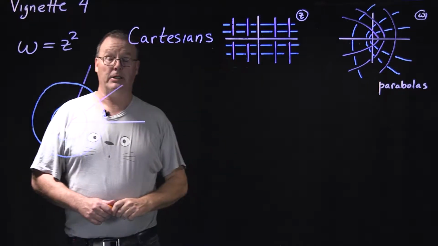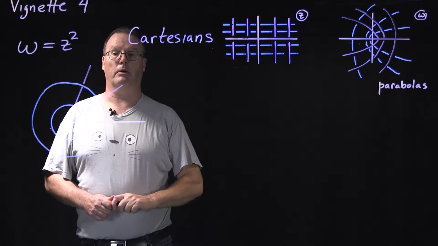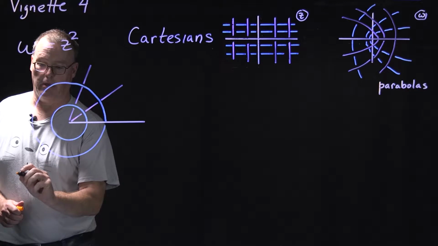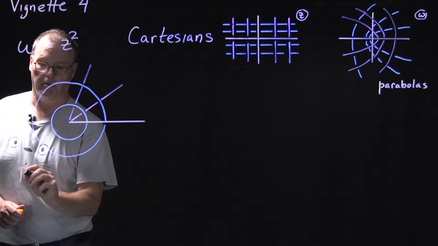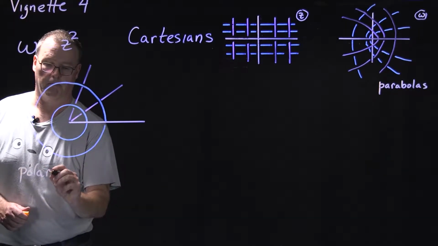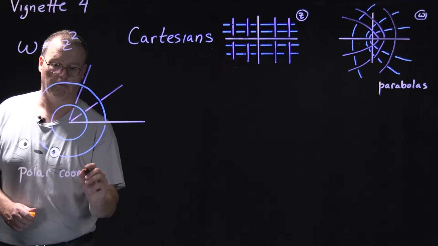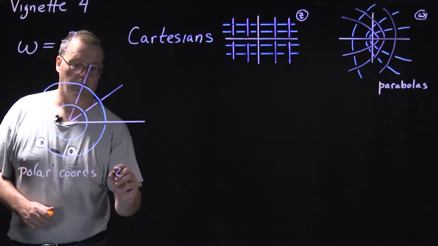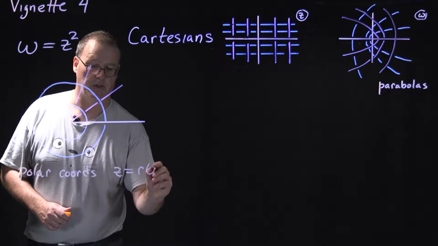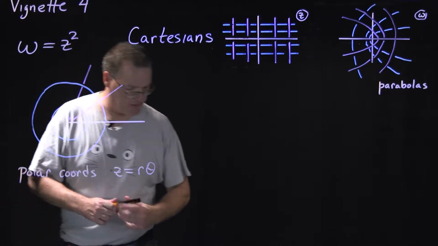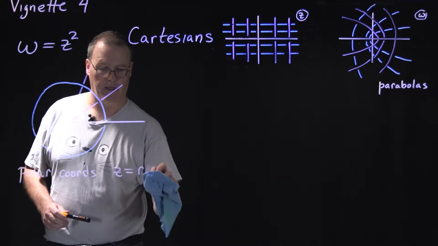But in fact, it's much simpler if we work in polar coordinates. So here's a polar coordinate plane. So z is r times e to the i theta.